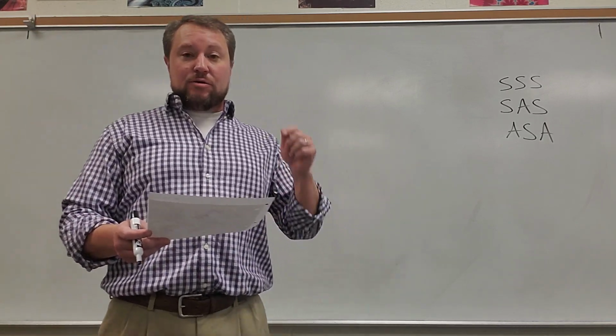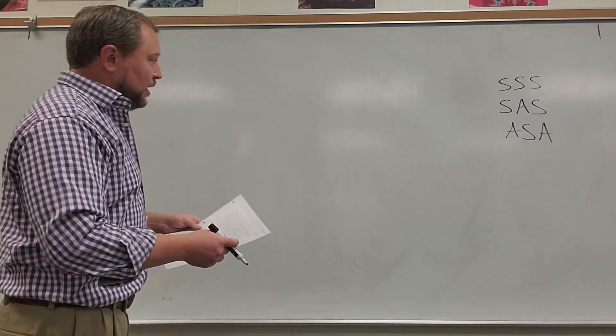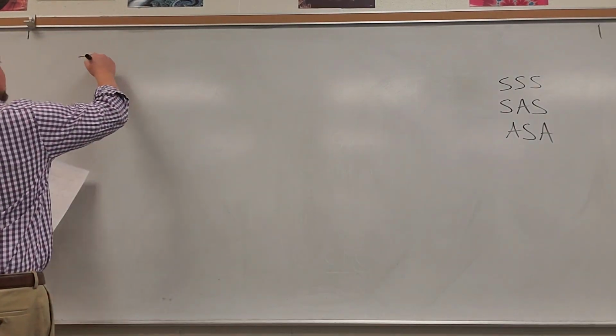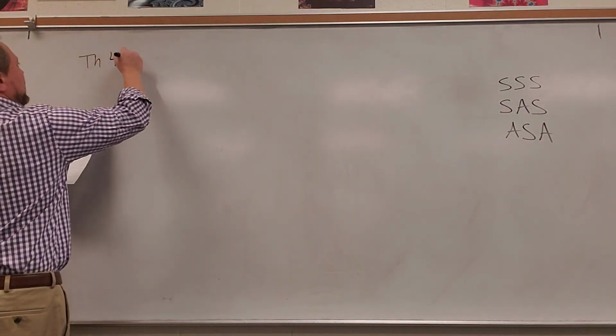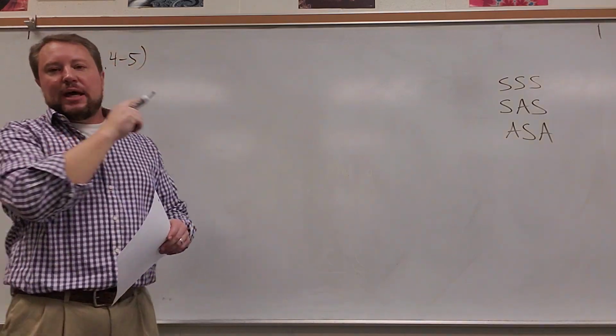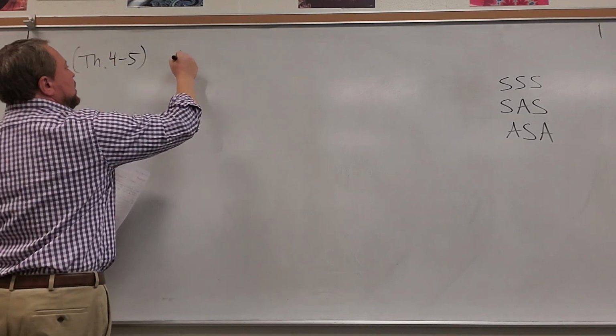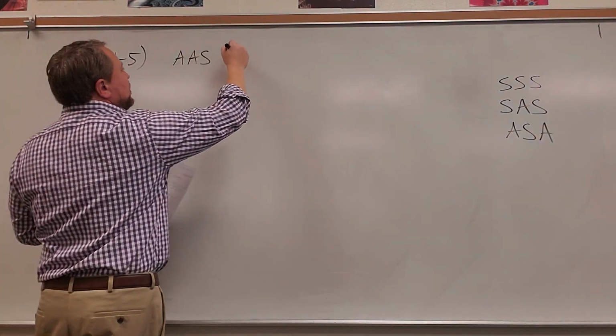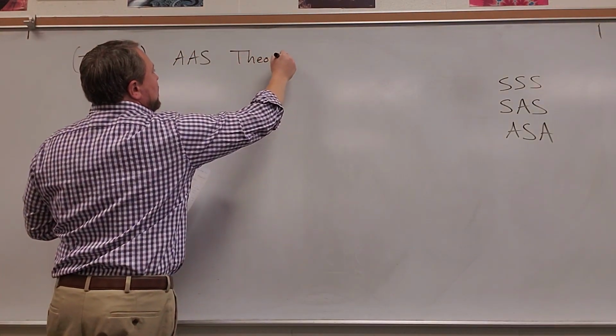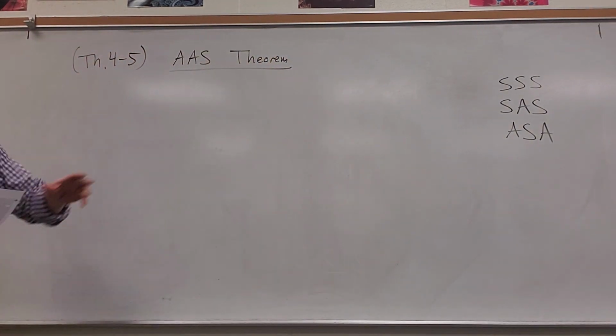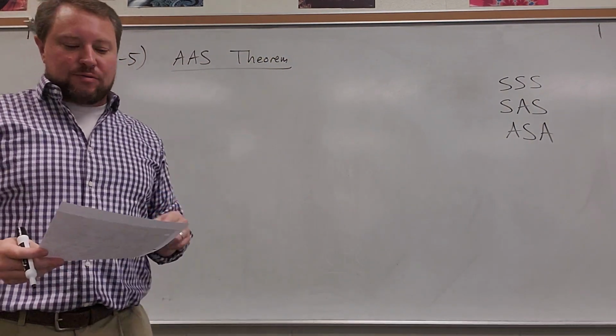One of our new shortcuts here then is on your list of theorems and postulates. It's theorem 4-5, but again, I don't want you to call it that. I want you to call it by its letter name again, and this one's called the AAS theorem. Technically, it is a theorem, which means we can prove this one.